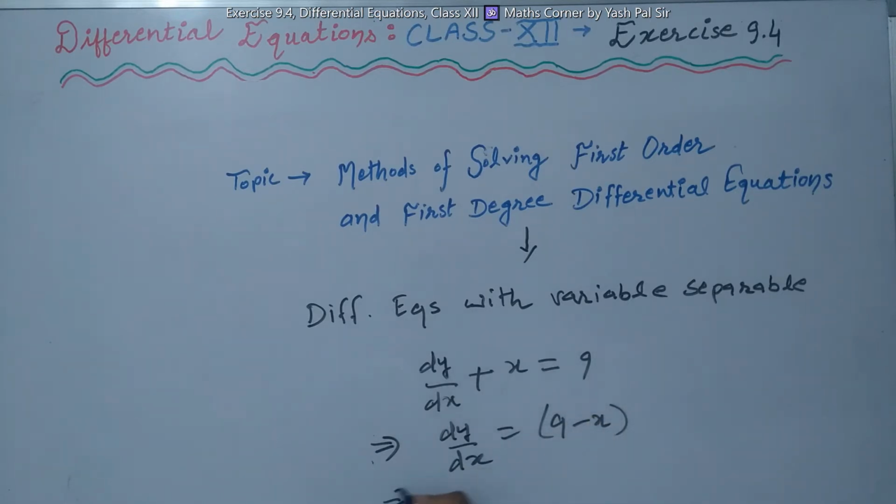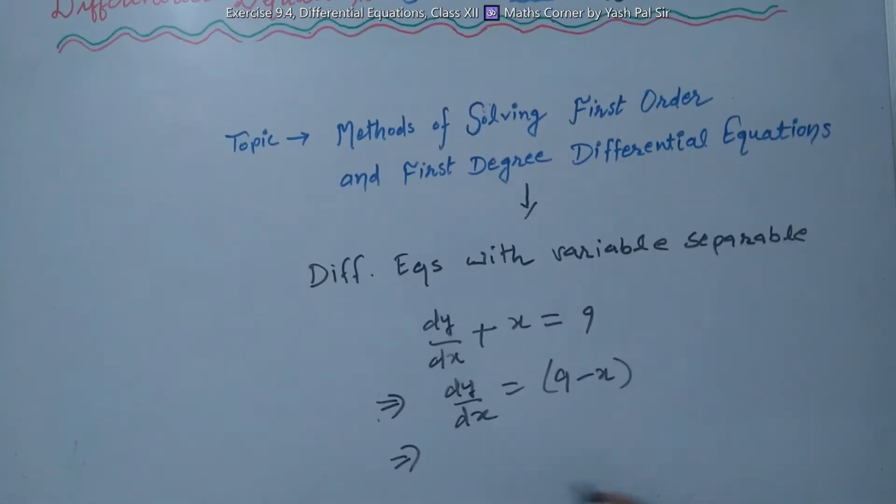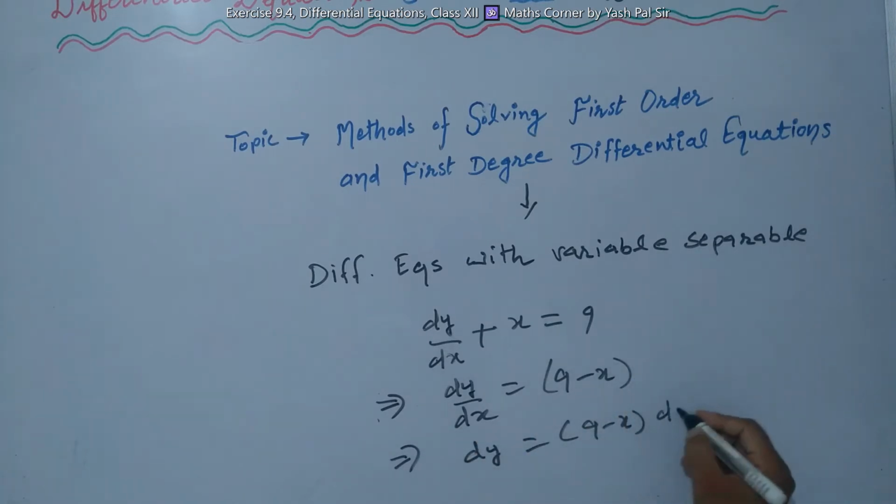Now this way we have dy is equal to 9 minus x dx. So what we see, left hand side is only in terms of y, right hand side is only in terms of x. So that means variables are separated. Left hand side one variable, right hand side other variable.